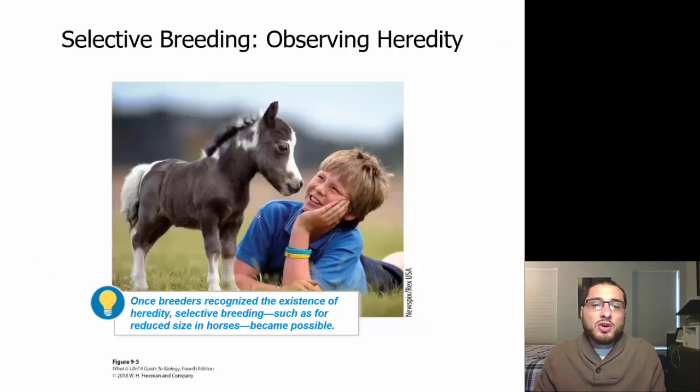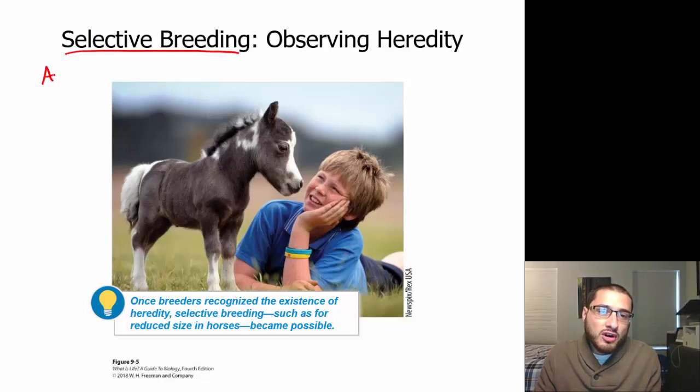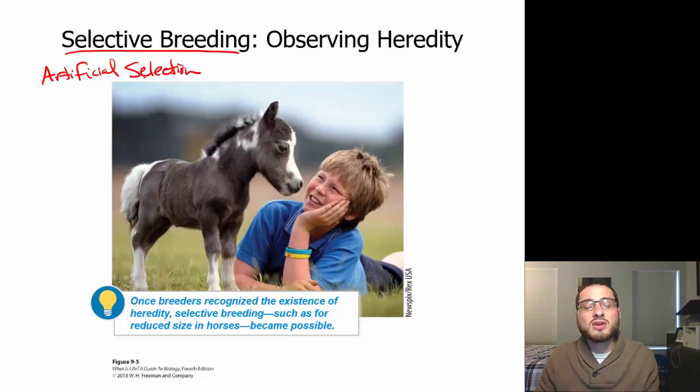So some things that point to this, which make it very obvious, are things like selective breeding, or sometimes called artificial selection. So as much as we'll talk about natural selection when we get into talking about evolution, we like to talk about artificial selection.